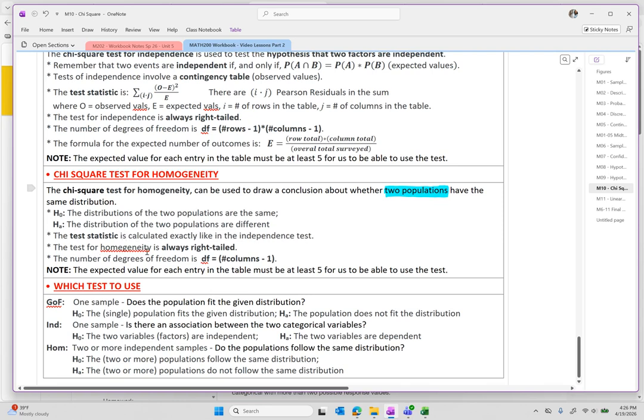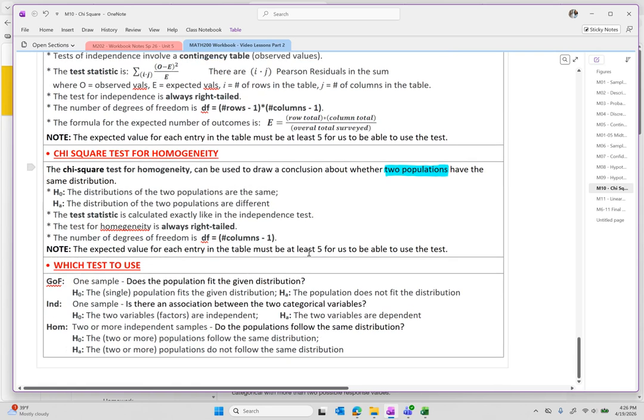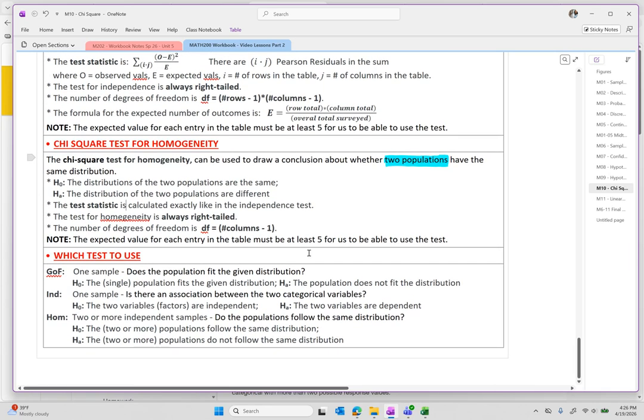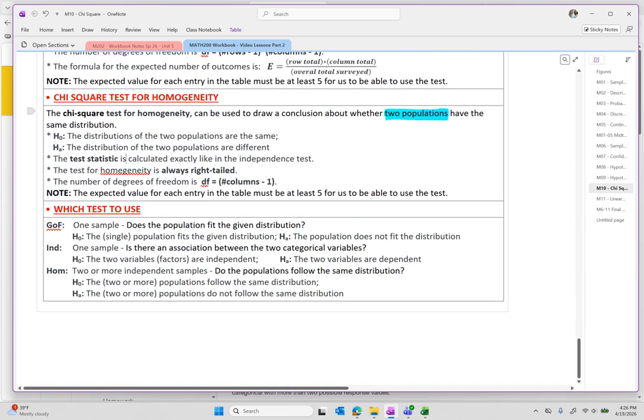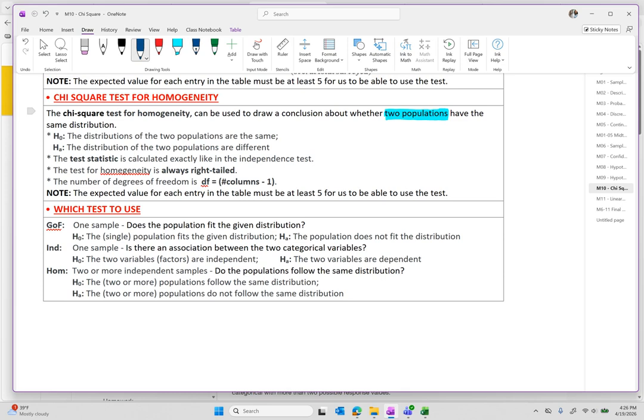The test for homogeneity is always right-tailed, and the number of degrees of freedom is columns minus 1. However, this is because the book mentions two populations. If you had more than two populations, then you would have more than two rows in the table.